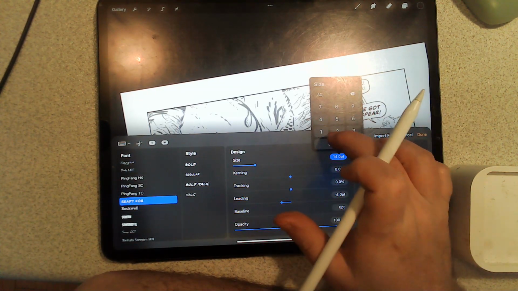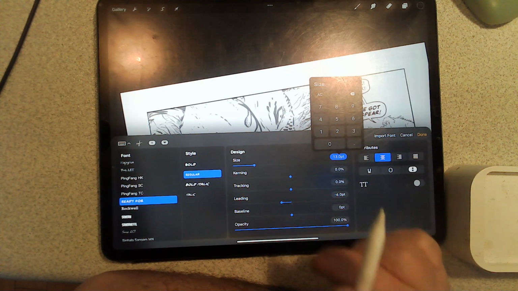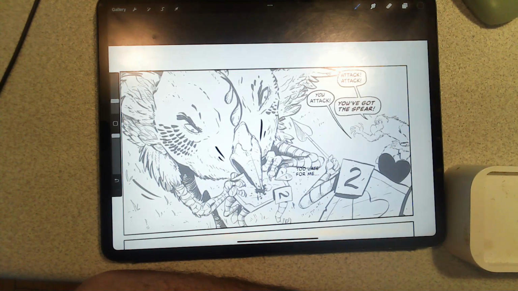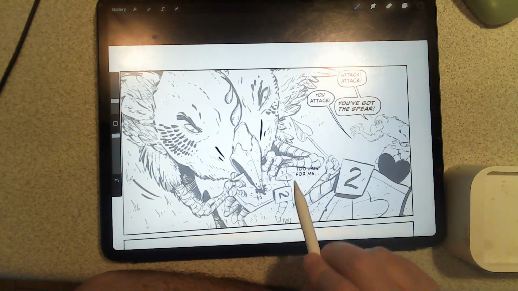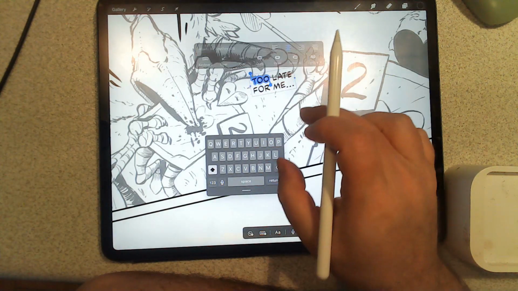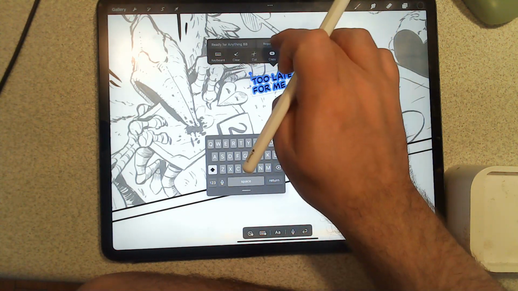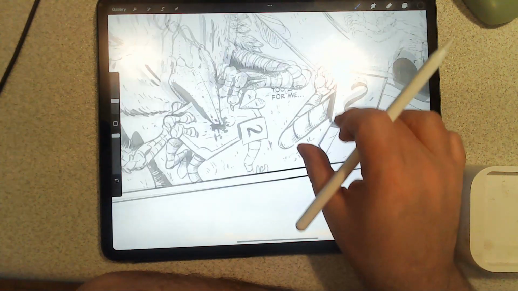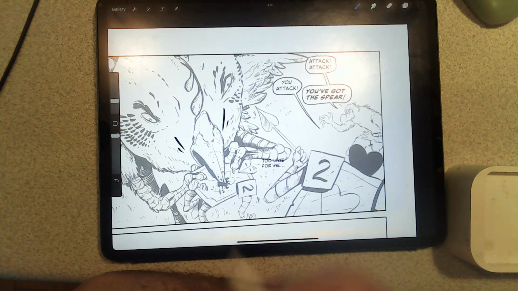I like to keep everything completely uniform. These are all 14s. This is all 14. This is now a 13. Let's make it a 12. Still readable.